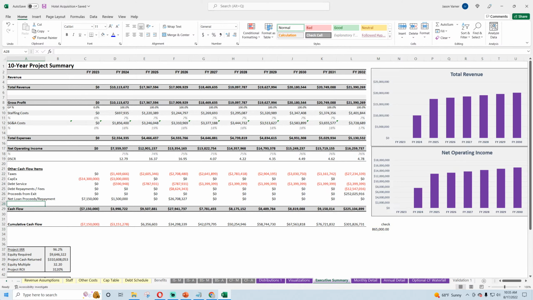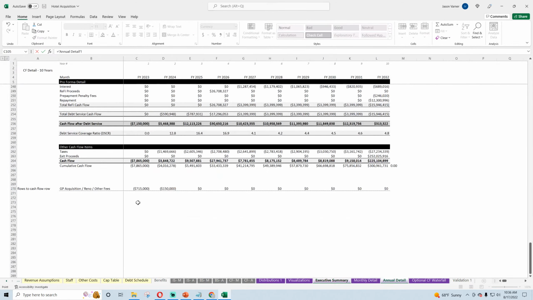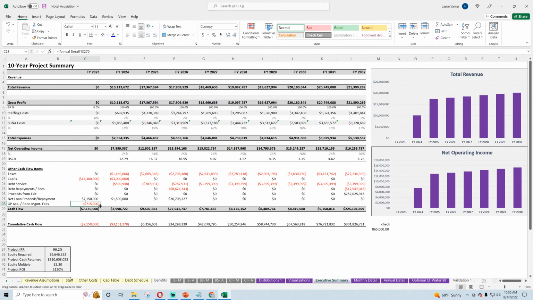So we'll put GP acquisition, reno, management fees. And let's just pull that in. So there's that. Add it here. Okay. And it's already hitting the distributions tab because that's pulling for the monthly detail, so that's fine.